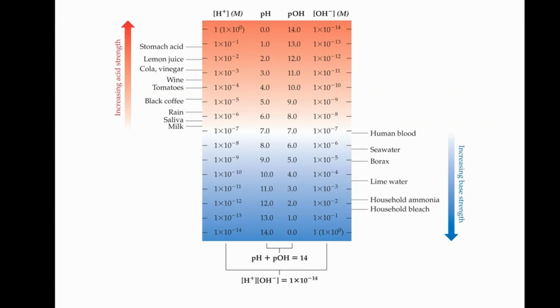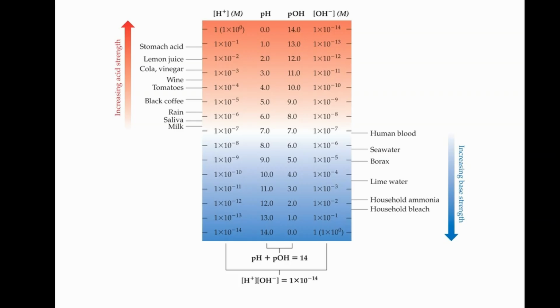It has a hydroxide ion concentration of 1 times 10 to the negative 13th. This number times that number is going to equal 1 times 10 to the negative 14th. So we calculated the pH to be 1, and we calculated the pOH to be 13. They sum up to 14.